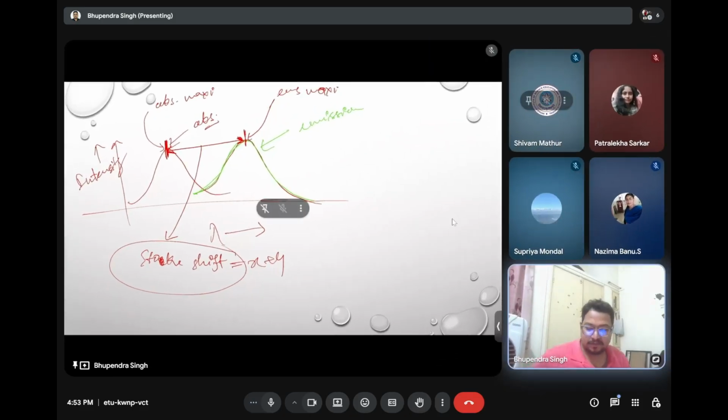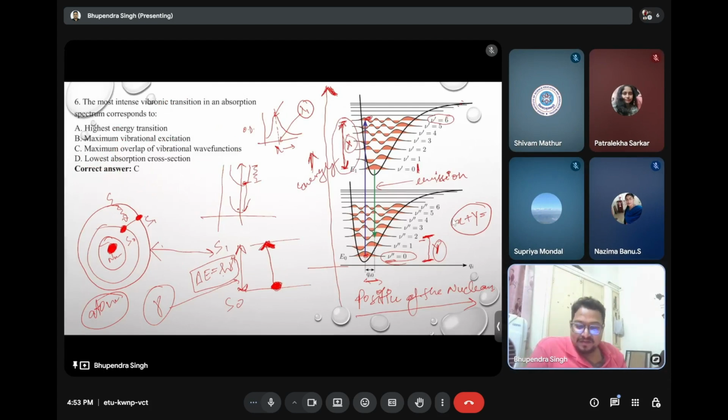This should be x plus y. So this is called the Stokes shift. So the first statement you have made, that these two will come at the same place if the nuclear position is the same, is totally wrong, right?